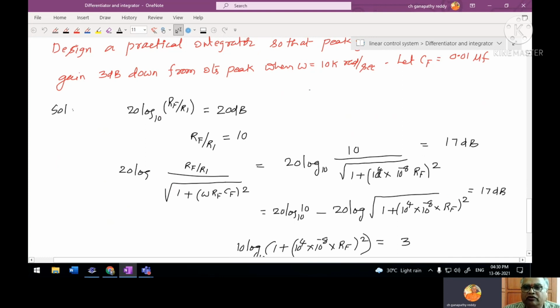So when the frequency is 10 power 4, it should have 17 dB.